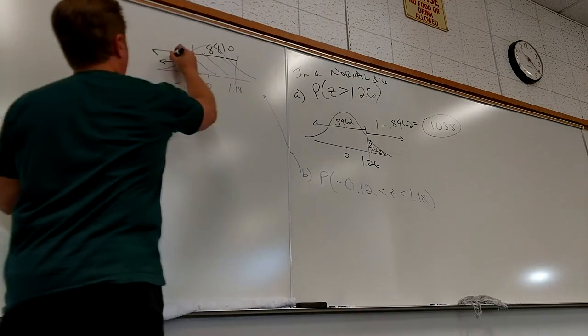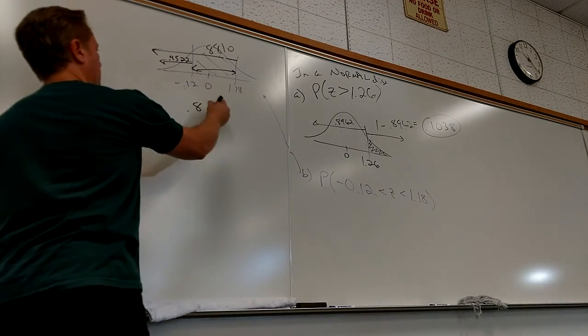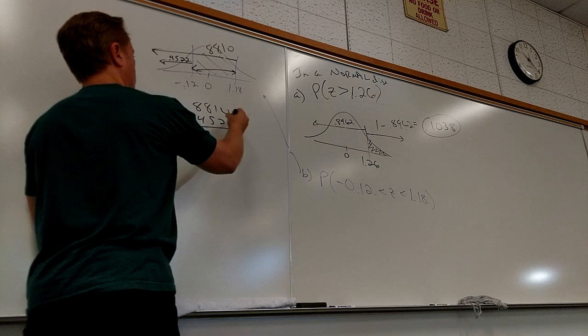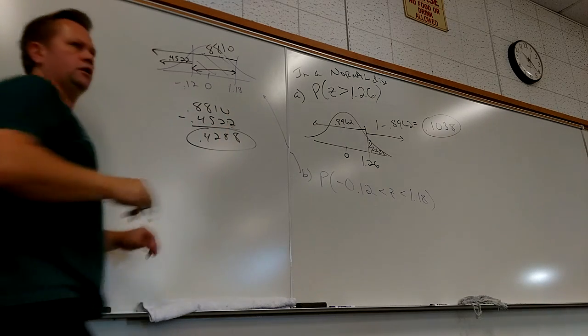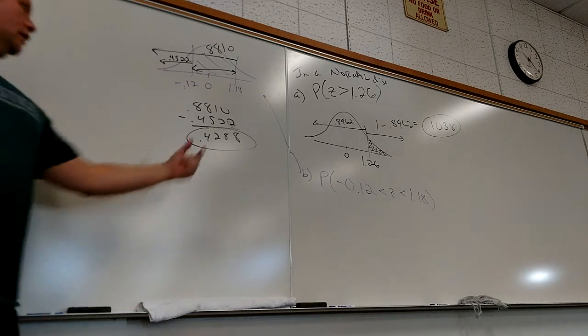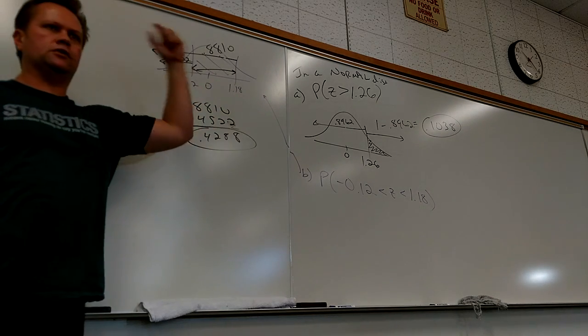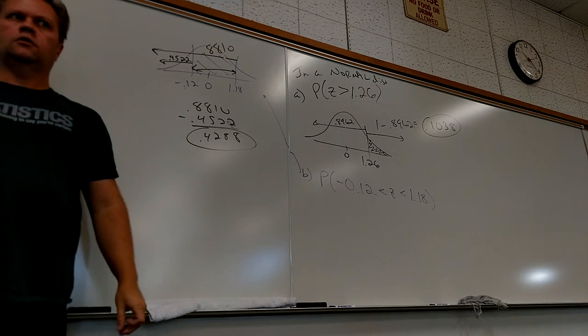So what area is in the middle here? 0.8810 minus 0.4522. 0.4288. I like it. Sweet. So almost 43% would be between those two z-scores.